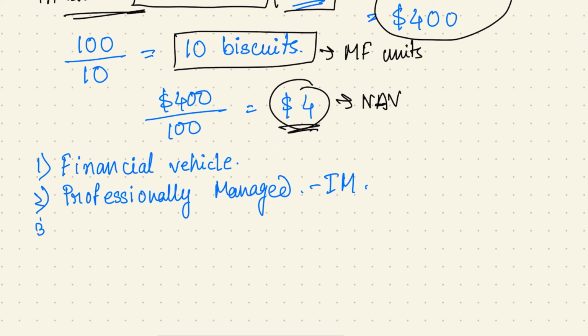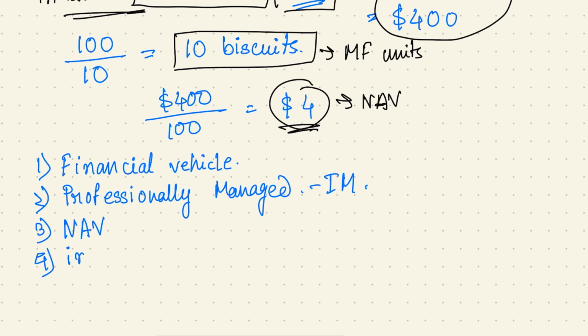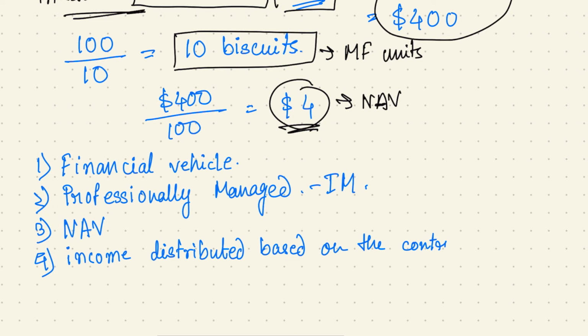Also, a mutual fund will have a NAV per unit, and the income generated from the mutual fund will be distributed based on the contribution of the investor.